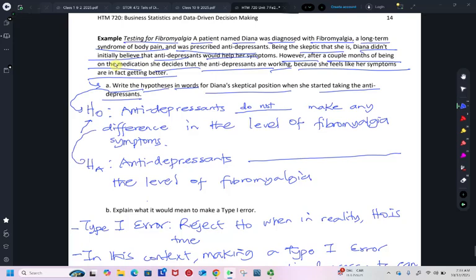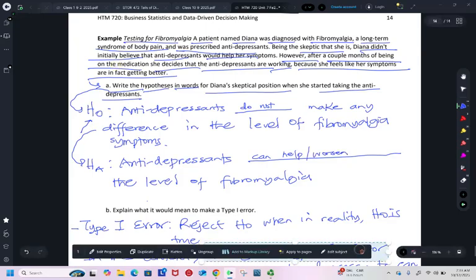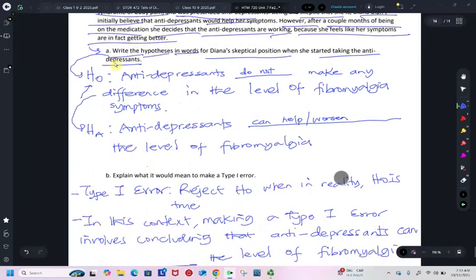The alternative then would be that antidepressants can in fact affect the level of fibromyalgia symptoms, either in the negative direction or in the positive direction. In other words, they can help or possibly worsen the level of fibromyalgia symptoms.